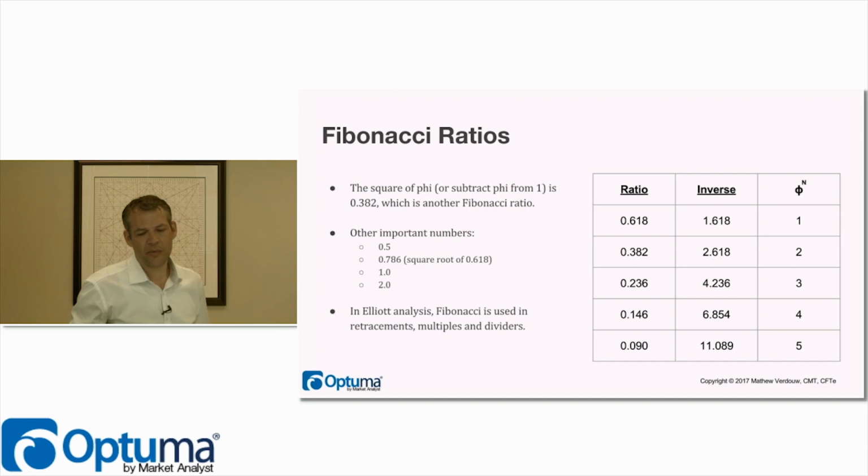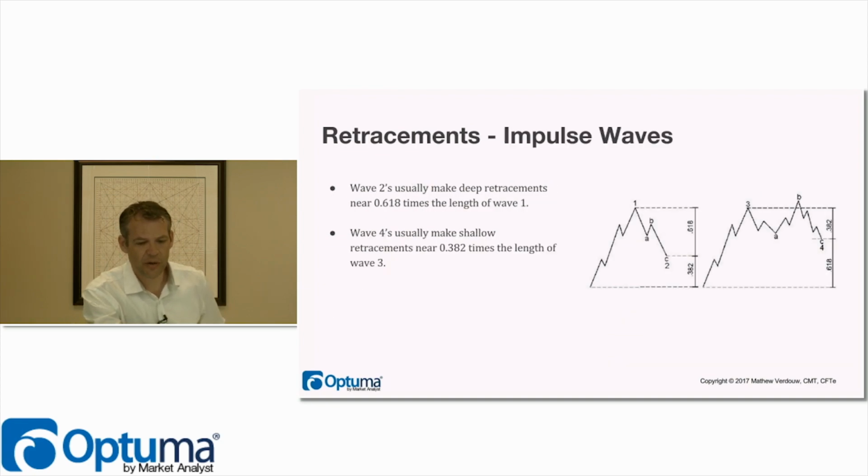So, this is still talking about the ratio, so let's go into our retracements here. Wave 2s usually make a deep retracement of wave 1. It's usually 0.618, where we're seeing that ratio. Wave 4s usually make shallower retracements near 0.382, leaving 0.618 on the other side.